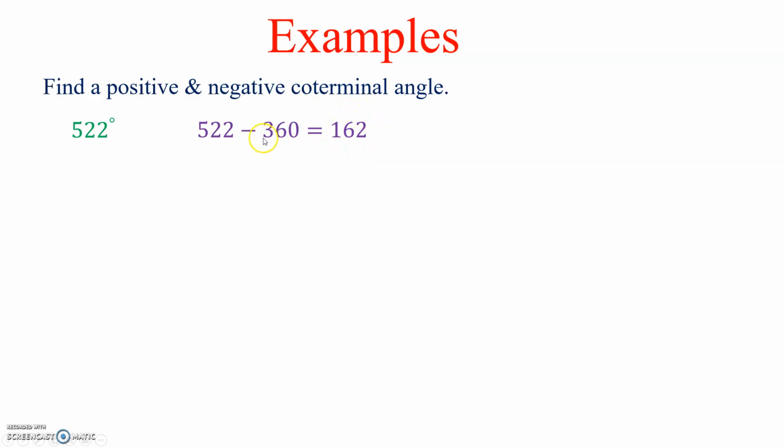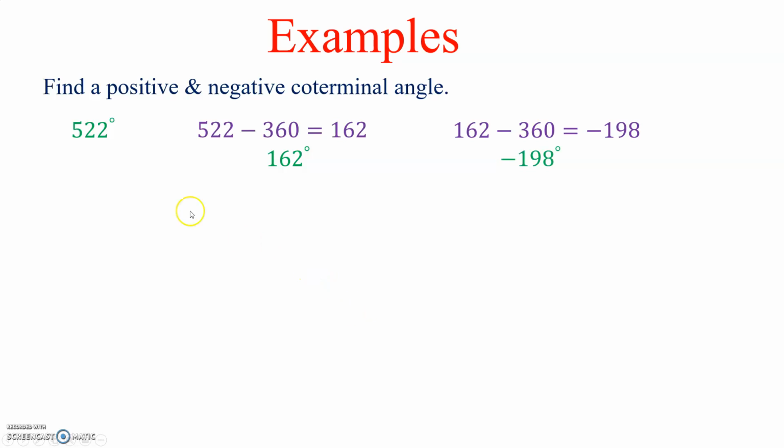So by subtracting here, I actually get my first positive coterminal angle. So 162 is the positive part of my answer. So if I take that 162 and continue to subtract, I end up with my first negative coterminal angle.